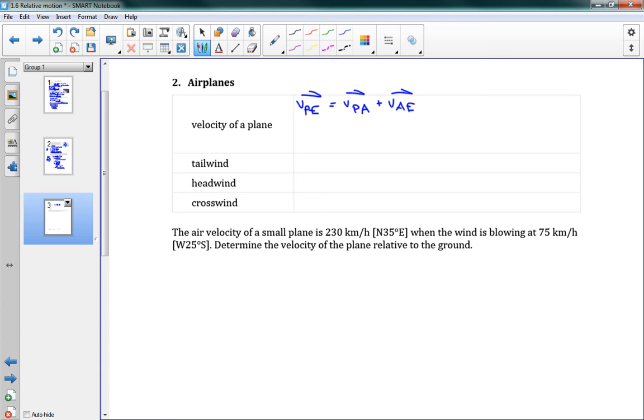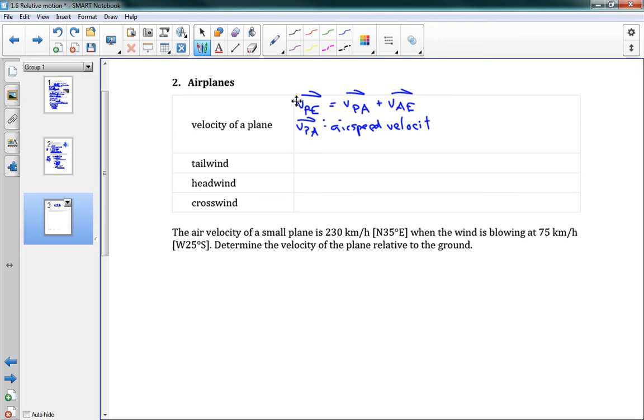And these all have names. So we have the velocity of the plane relative to air. This is called the airspeed velocity. Now that's a bit confusing because it's the velocity of the plane. The term airspeed just means the plane relative to the air.